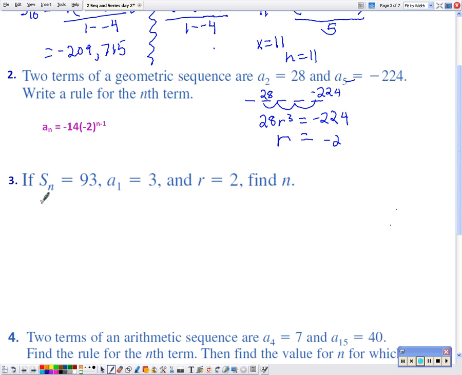Number 3, if S of n is 93, we have a first term of 3 and a ratio of 2, find n.